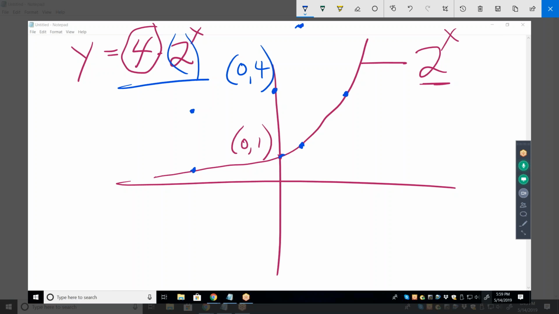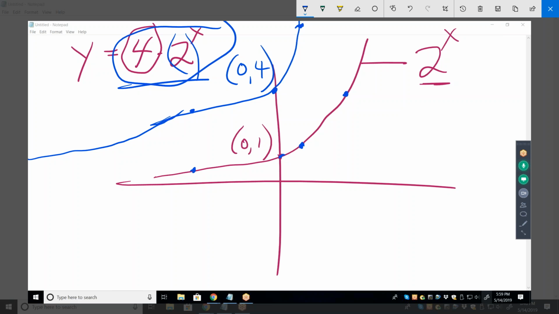Now if I connect my blue curve, it looks very similar, and if I continue, it'll eventually get asymptotic with the x-axis. But it's not the same as the red curve. In fact, it's not even the same shape. Remember, vertical stretches change the shape also. So the blue curve is the answer to how to graph that.